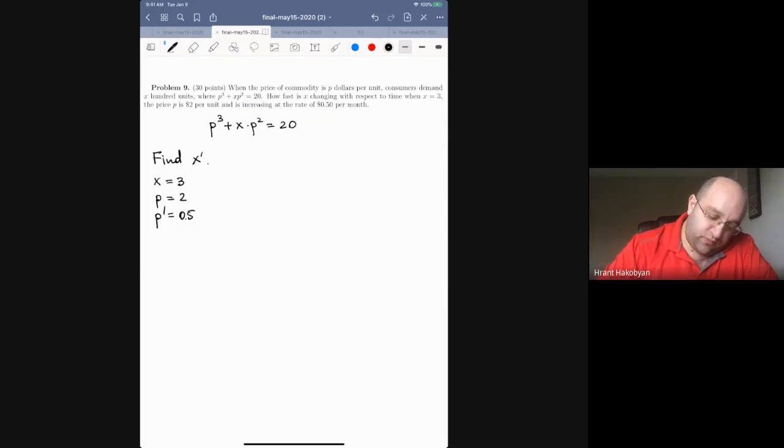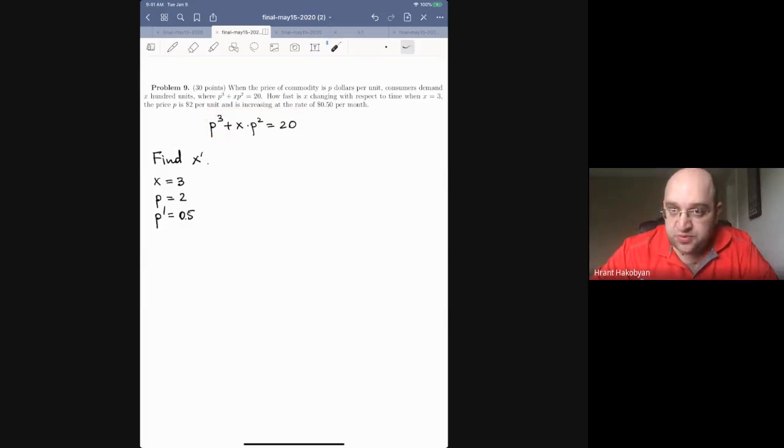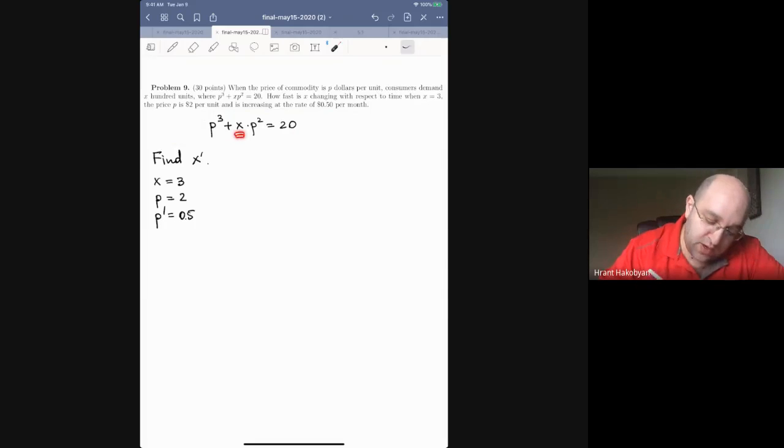So the question is to find X prime if you're given X, P, and P prime. This is an example of, again, implicit differentiation, an application of implicit differentiation to an economics problem. So we need to find X prime from here.